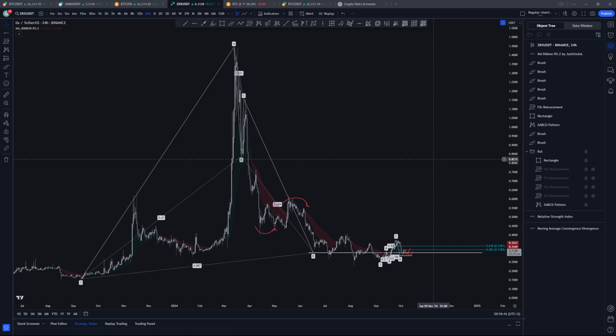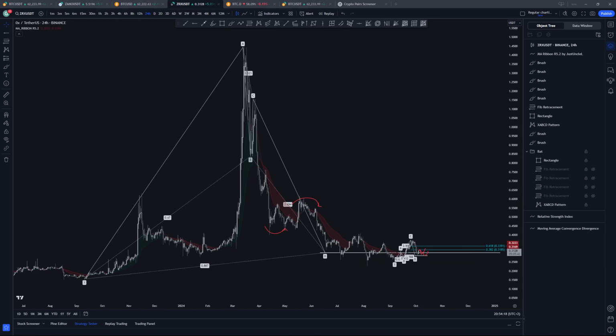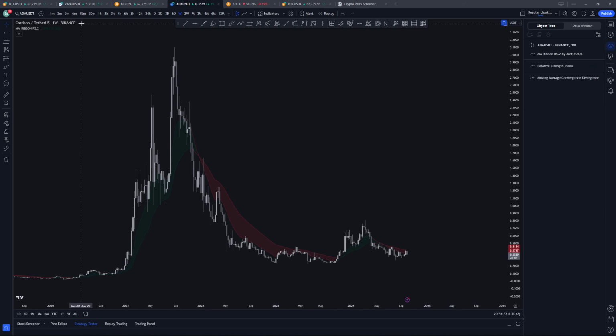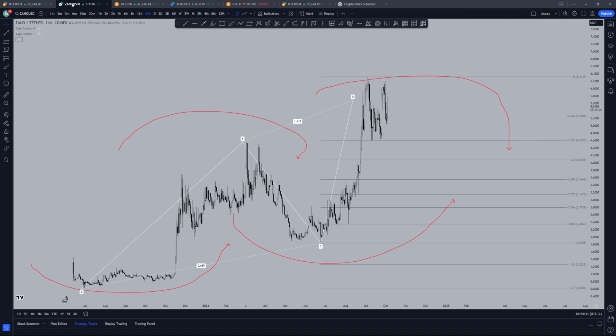ADA, you want me to look at ADA? Okay, I am memeing, but in general, I think ADA looks fine. I'm genuine, I think that coin looks fine. I don't have it on this chart. I'm gonna flashbang, so close your eyes, guys.